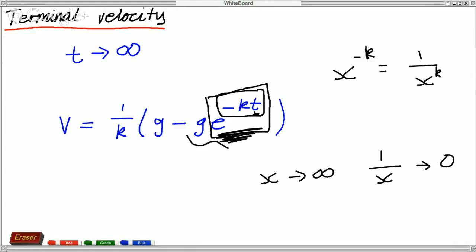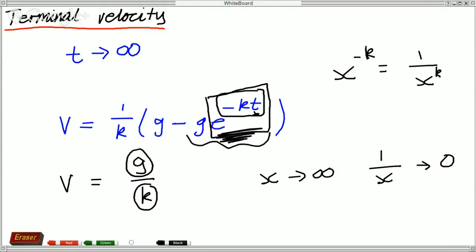So that means all you are left with is v = g/k. And keep in mind, g is a constant, it's the gravitational constant, and k is a constant. So as t gets extremely large, you're left with your velocity equals some constant. And this would be the terminal velocity.